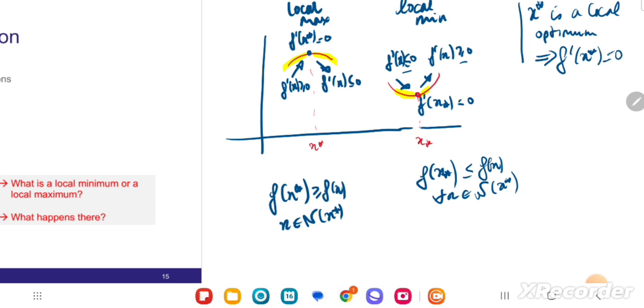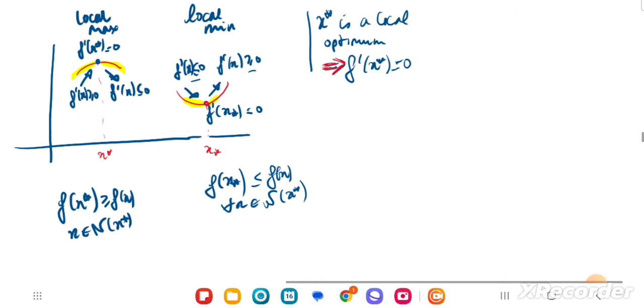And be careful, you probably remember that this is only a one-sided implication. It's not an equivalence. Why? Because we could have places where your function has a first derivative that cancels.